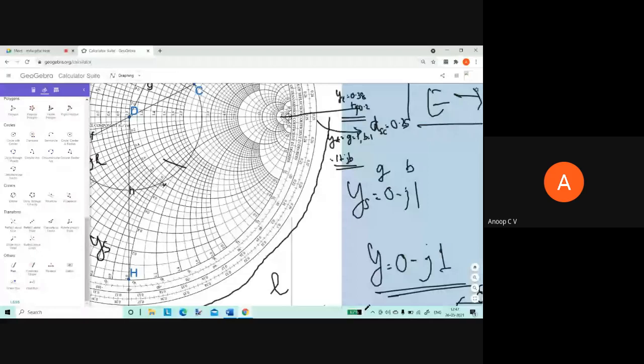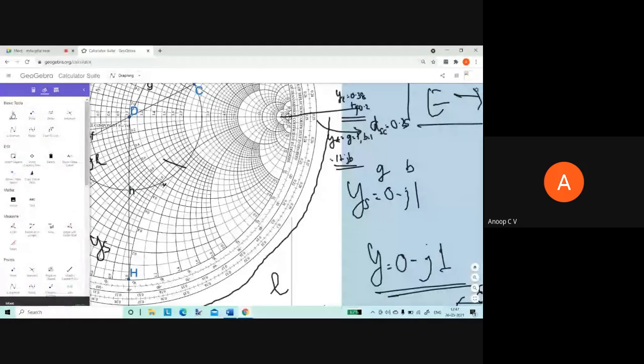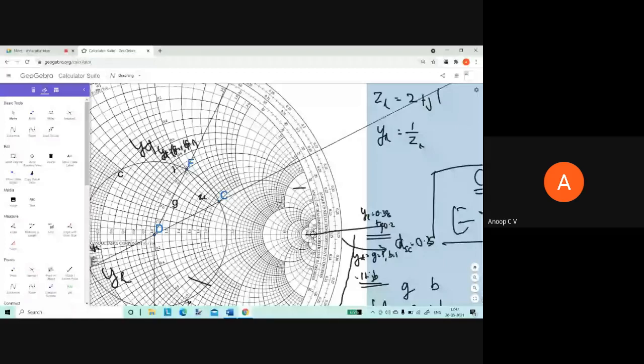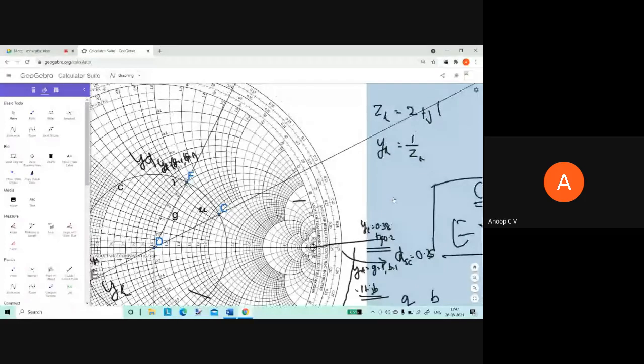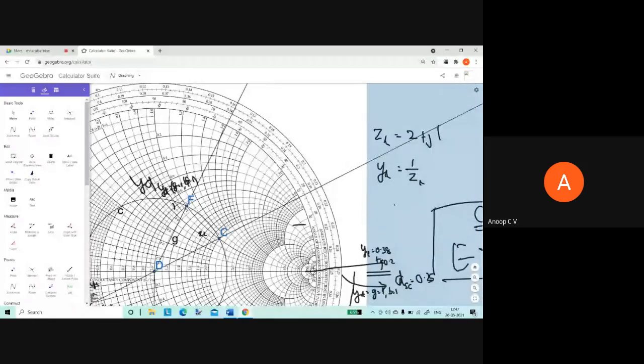I'll mark everything, then we'll find out actually what the distance is. And point F, if you see, it's 0.16, 0.162. Before 0.160 and 0.162, it can be 0.161 something, so it is 0.162.